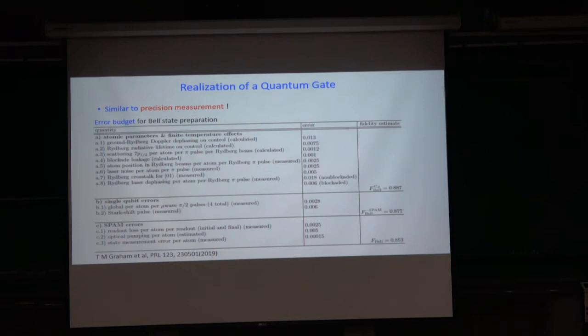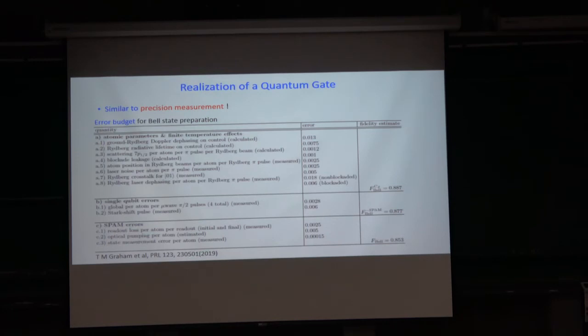For measurement, you also need to worry about a lot of stuff. How precisely you can prepare your population in state 0 and 1. State 0 is not just one state. It's maybe F equal to 3, m equal to 0. There are still 6 states nearby. You need to use optical pumping to prepare population into that state. How precise can that be? And how precisely can you detect that the atom is really in this state? It's called preparation and measurement error.